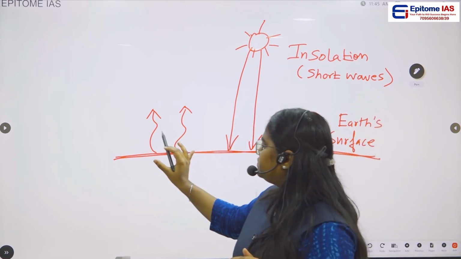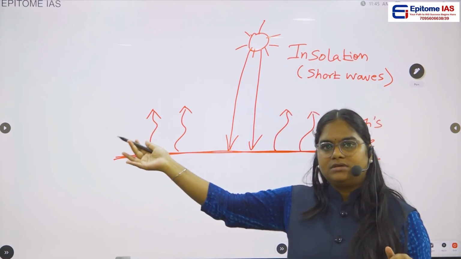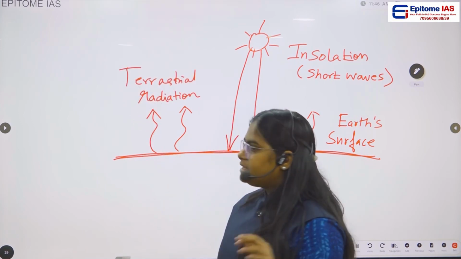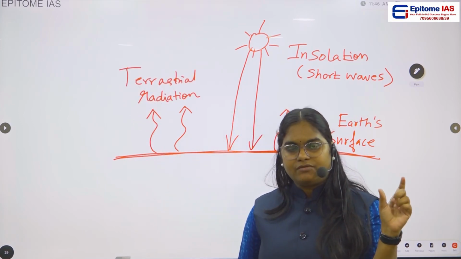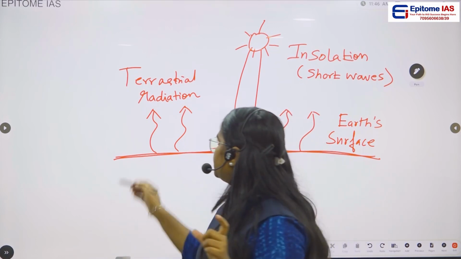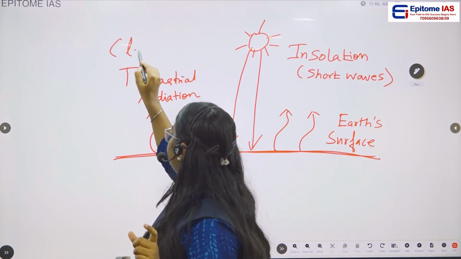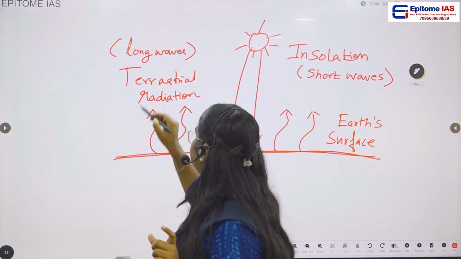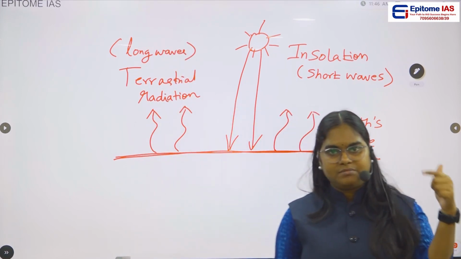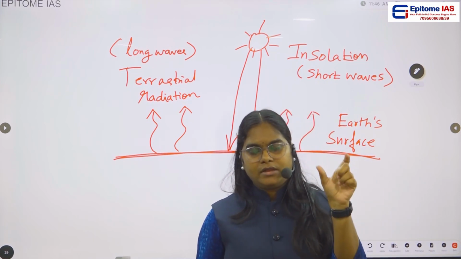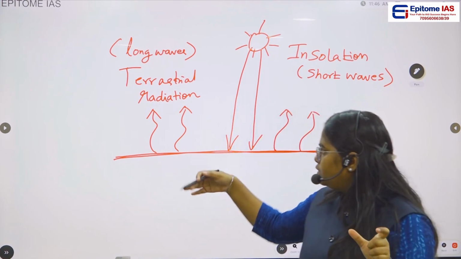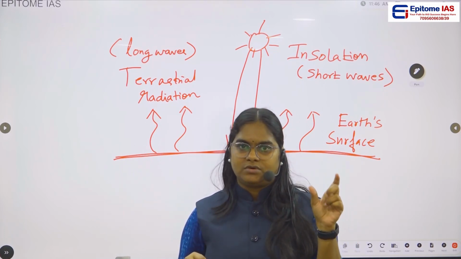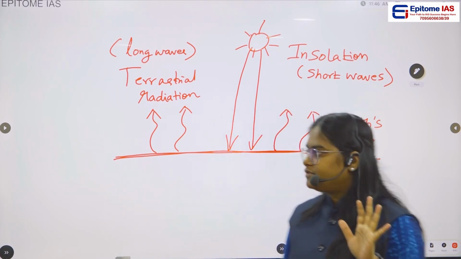This radiation which is radiated back from the earth, we call terrestrial radiation, and it is in the form of long waves. So the first thing you have to remember is that the incoming solar radiation is short waves and the outgoing terrestrial radiation is long waves.